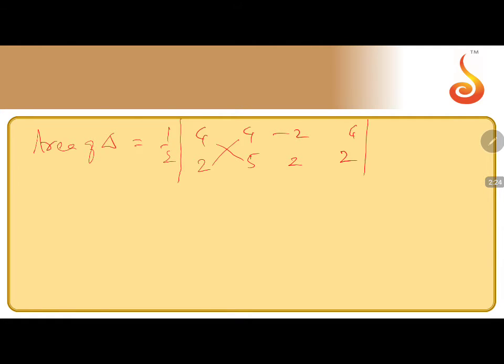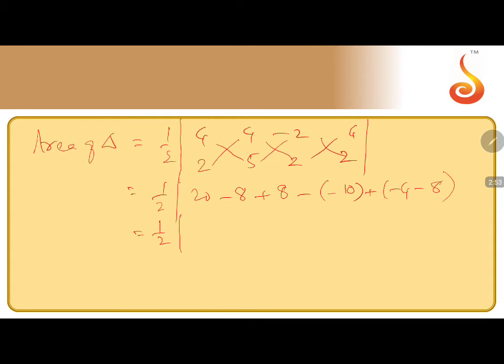So when I take up these, I have half into 4 into 5 is 20 minus 2 into 4 is 8, and then 4 into 2 is 8 minus 5 into -2 is -10, and then -2 into 2 is -4 minus 2 into 4, 8.